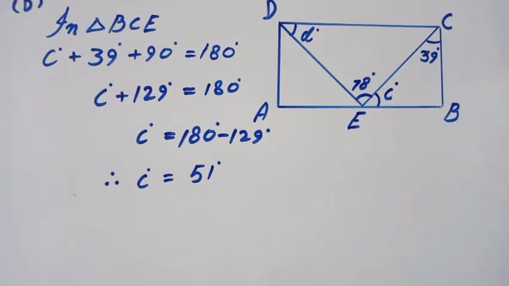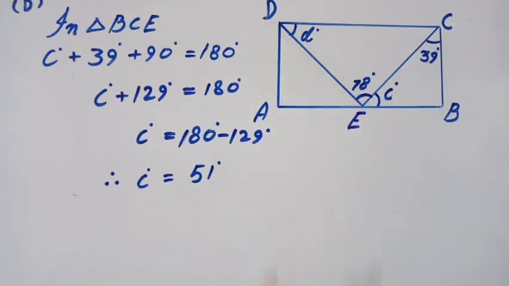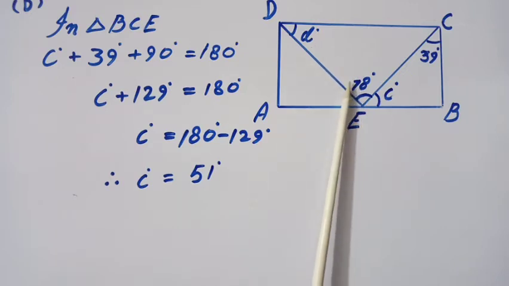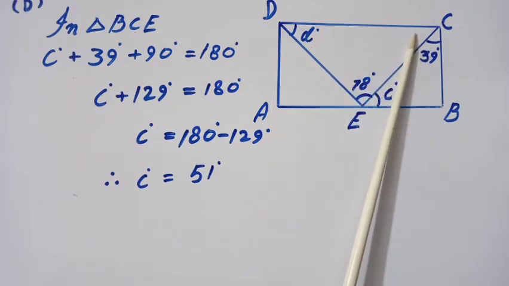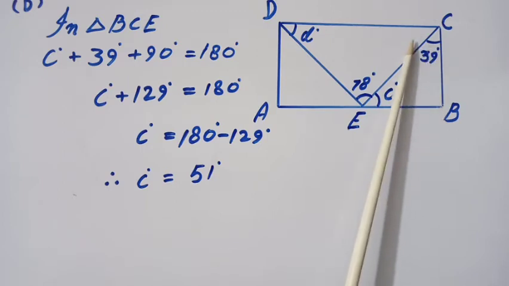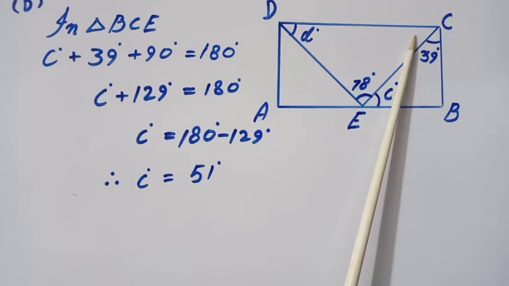To calculate this unknown angle D, we will consider the triangle CDE. In this triangle, this is to be found out, this is known, this is unknown, but known in some meaning. Why? Because this is the complementary angle of 39 degrees. This is 90 minus 39. Why?